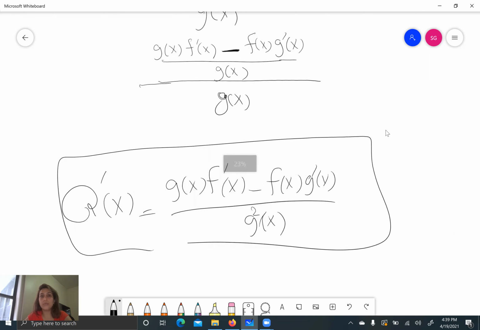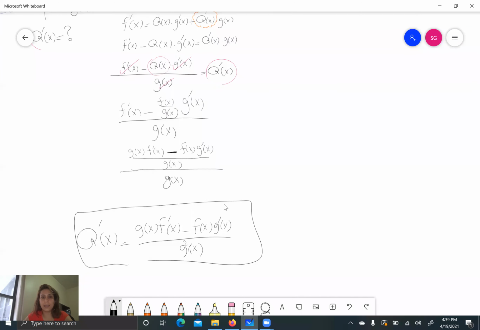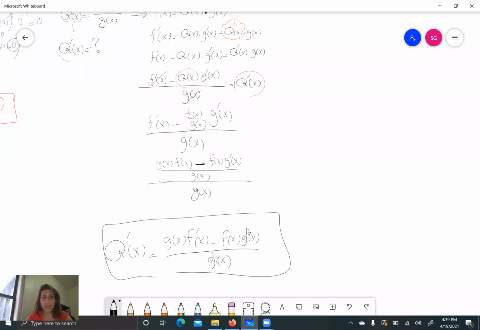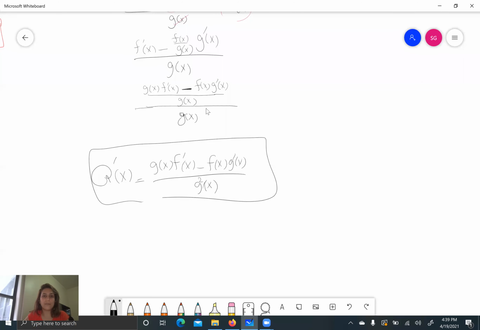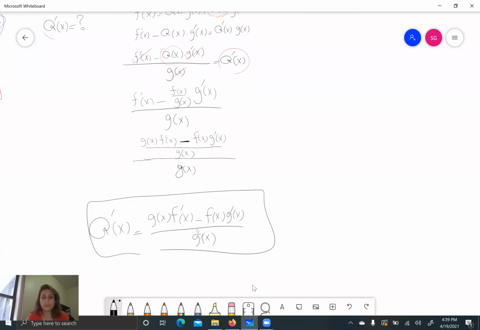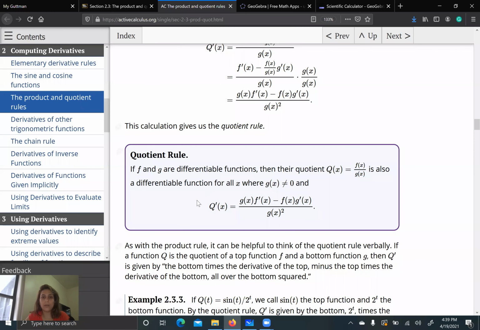So that's it. We just proved the quotient rule. This is called the quotient rule. When you have the function q of x as the division of f and g, we showed how we can derive this formula, which is called the quotient rule. So let's summarize it.